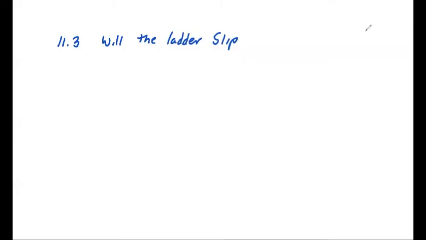Okay, this is example 11.3, and it's will the ladder slip? Sir Lancelot, who weighs 800 newtons, I'm going to put all these values on the free body diagram. He is assaulting a castle by climbing a uniform ladder that is 5 meters long and weighs 180 newtons.